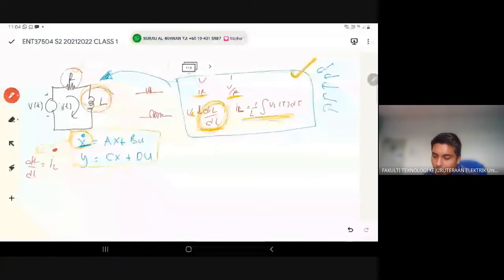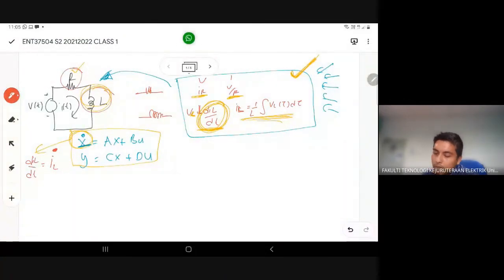Do you have anything else? No, because only this has the derivative of the parameter. So if X dot is dIL over dt, equal to IL dot, it means that your X for sure will be only IL.